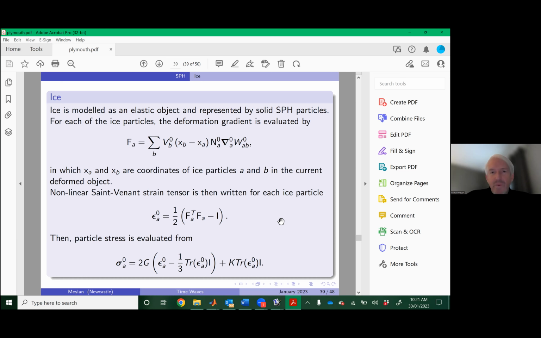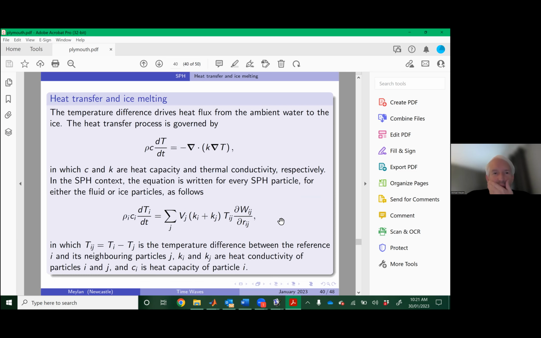And here's the equation for the heat transfer. So you've got to add this equation in. One of the things that's really annoying, or perhaps annoying is the wrong word because it's supposed to be a catastrophe, is that the latent heat of melting of ice is massive. It takes as much energy to melt a gram of ice as it does to boil it, and it's why ice, snow, glaciers, things don't melt in a flash.